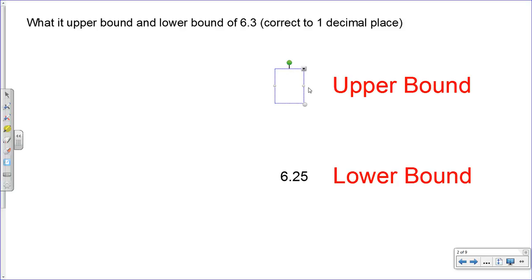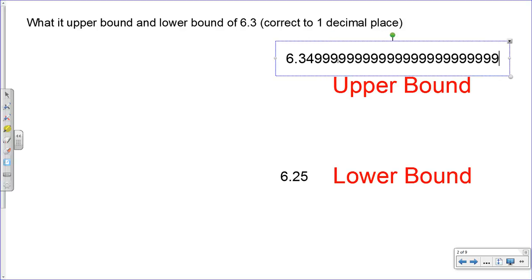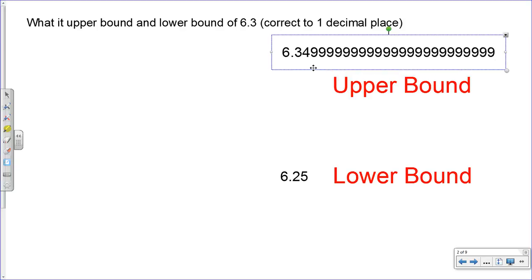The highest number that would round to 6.3 would be 6.34999 recurring forever, so a recurring 9. That's a bit difficult to deal with. If we've got sums and we're dealing with maths, we need to add something to that, or subtract something from that.